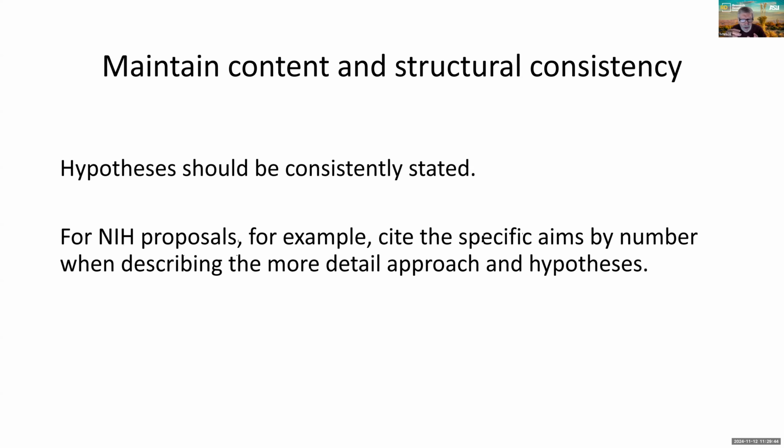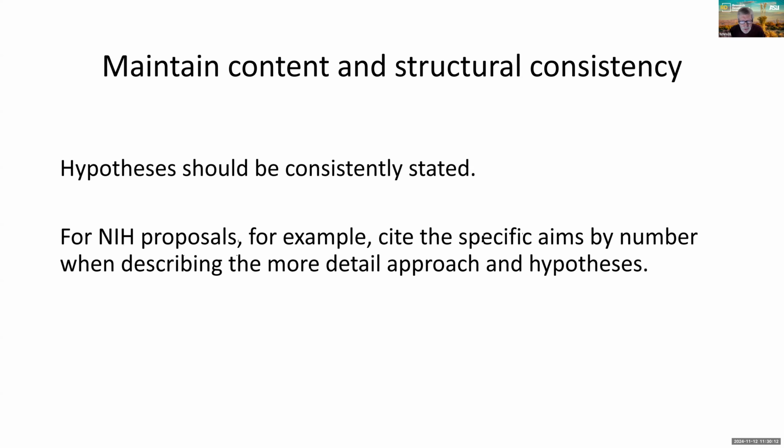And also, when you're getting later on into the proposal and the background, the logic, and you're talking about more detail why you're doing something, and you're labeling your hypotheses, make sure that you're referring back to the aims, because that's the way the reviewer is initially thinking about structuring your work in their mind, at these aims. So when you're talking about your detailed approach and the hypotheses that are emerging out of the aims, go back and just note the aims.